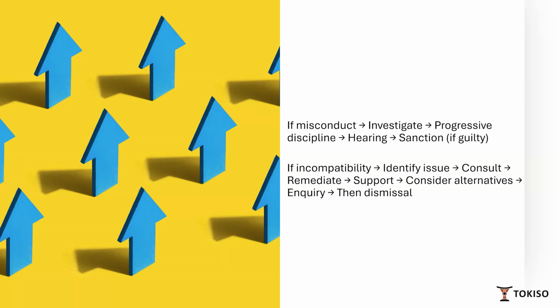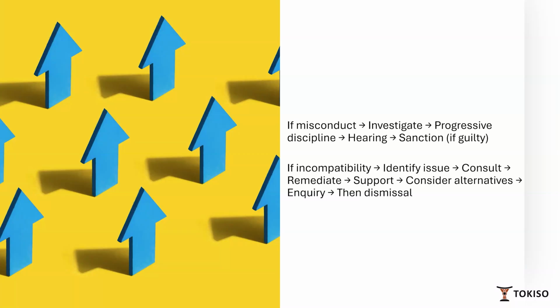With matters of incompatibility, you would identify the issue. You would also investigate if it is appropriate to do so, and you would consult with that employee and those who have been affected by the disharmony that has been caused. You would consider remediation and support that employee in the steps to try and correct that behavior. You would also consider alternatives.